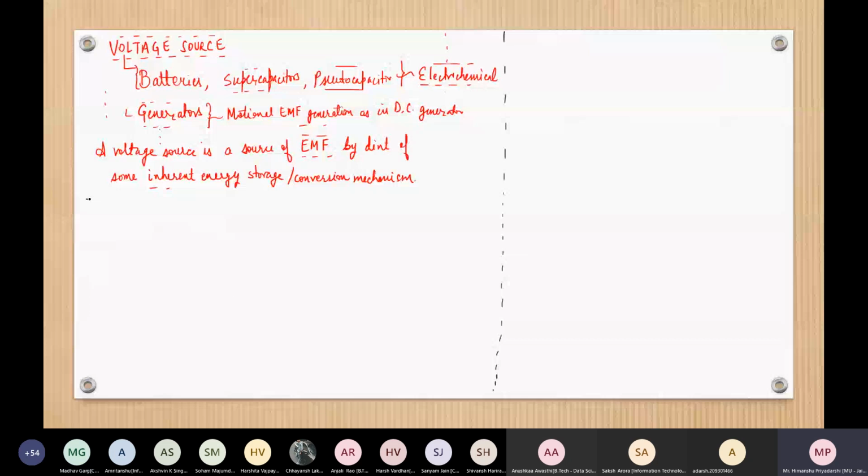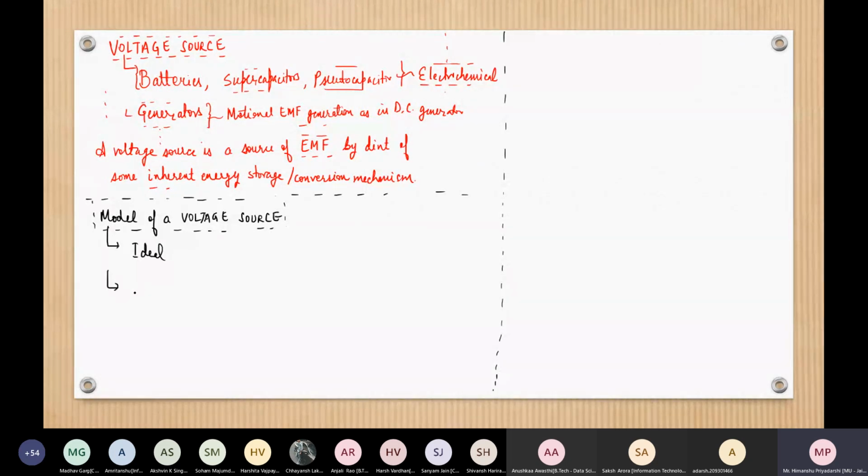Now, what is important for us is the model of a voltage source. How do you model a voltage source? And I must confess that I am presenting a super duper simplified model. It can be an ideal version or practical version, but it keeps the promise it delivers.